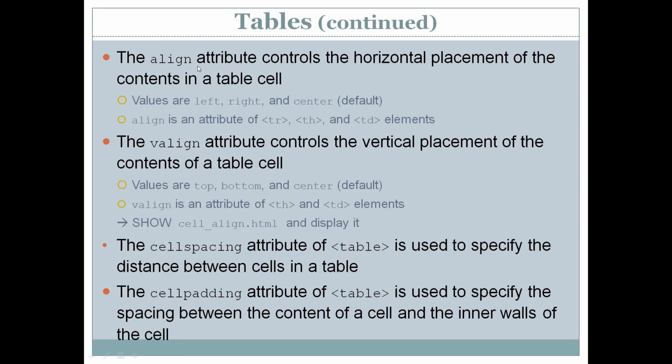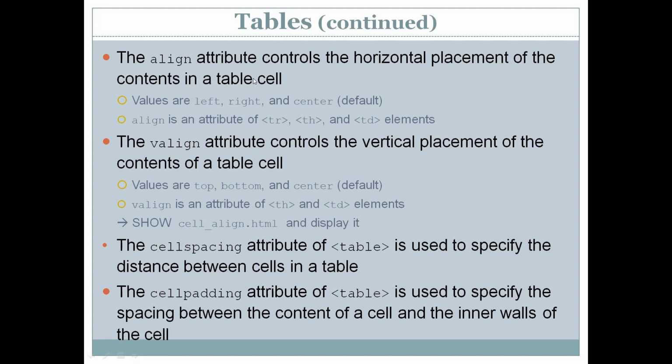Okay, the align attribute controls the horizontal placement of contents in a table. So we have added contents to the table. The contents are added in TH and TD. We can have certain attributes for this content. The attribute is the align attribute.